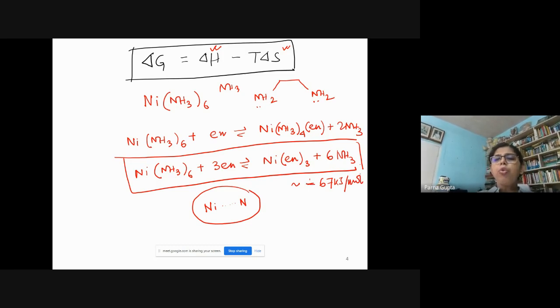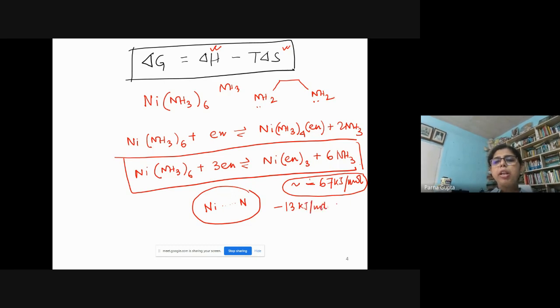Now, calculation has shown that del H has taken care of 13 kilojoule per mole of the stability, and the rest, that is 54 kilojoule per mole, has been taken care of by the entropy factor.